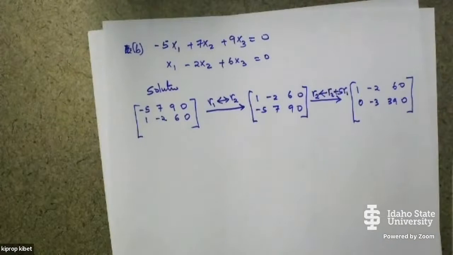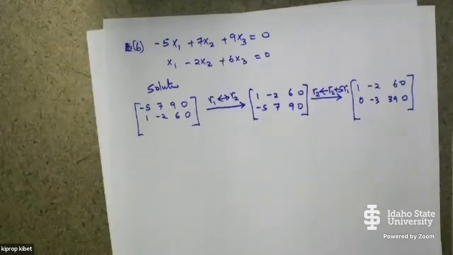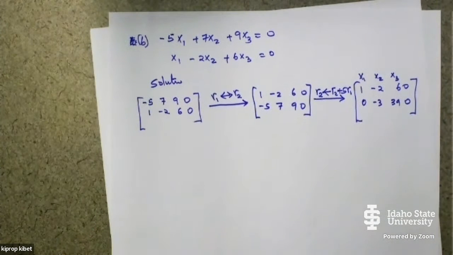So what can you see from here? We have the pivot position in 2 columns, right? Since this is x1, x2, and this is x3, we can see that the column x3 doesn't have a pivot position. So x3 is a free variable.